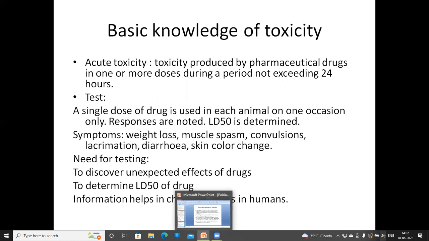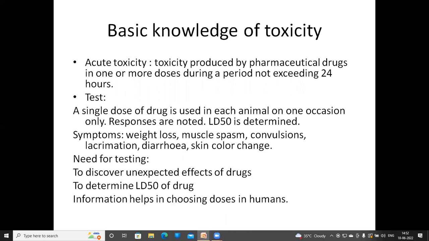Next, acute toxicity. What is acute toxicity? The toxicity which is produced by pharmaceutical drugs in one or more doses during a period which does not exceed 24 hours. So when you take a drug, within 24 hours, if your body produces some toxicity because of the drug, such toxicity is called acute toxicity.